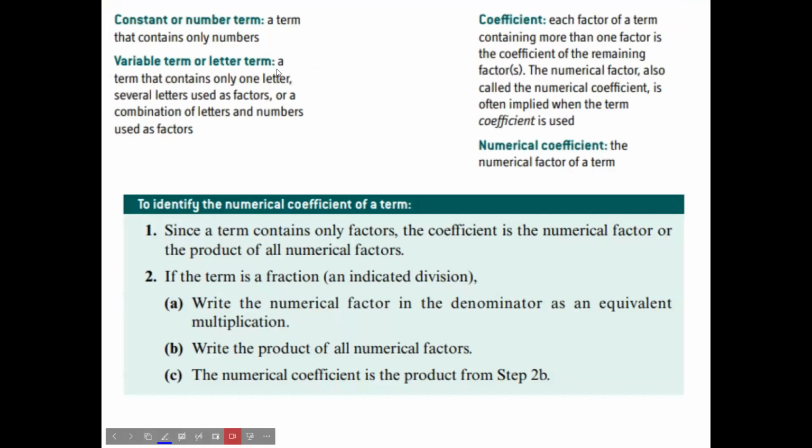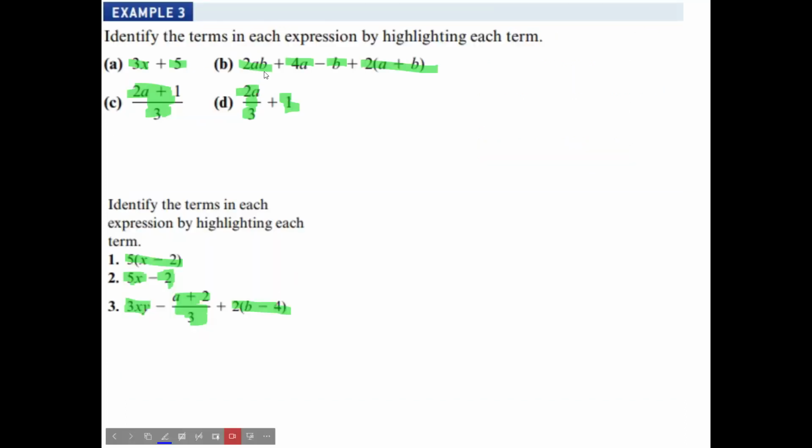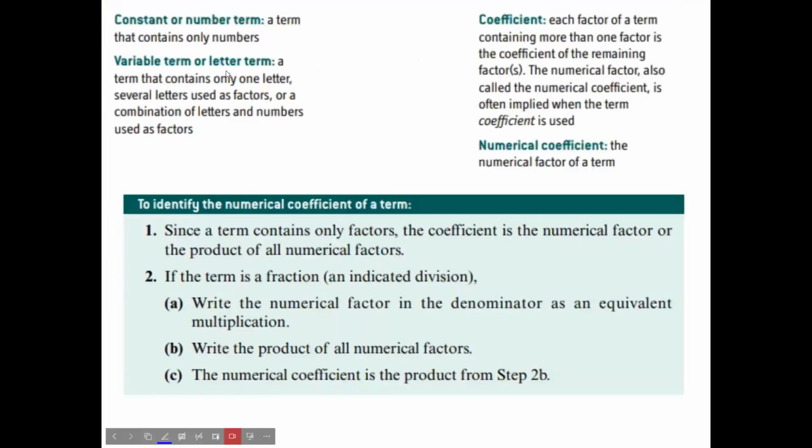Variable term or letter term, a term that contains only one letter, several letters used as factors, or a combination of letters and numbers used as factors. So what I have, 2ab, that's a term. It's a combination of constant 2, letter A and letter B. 3x, that's a term. B, that's a term, right?